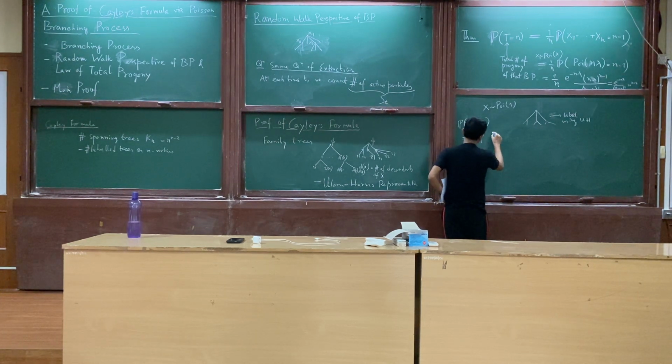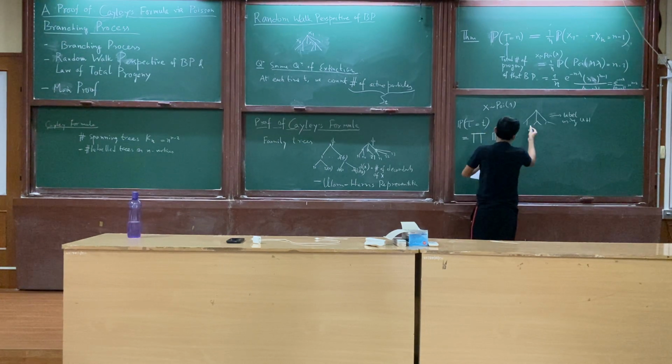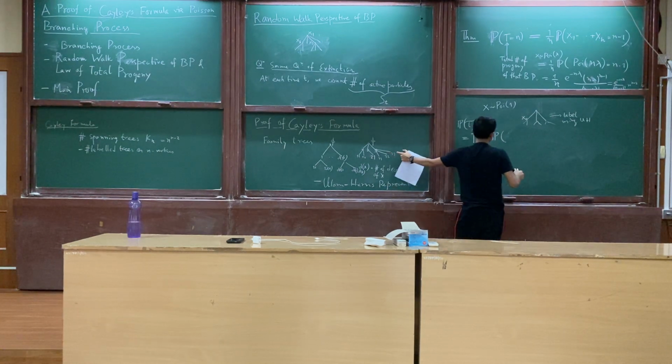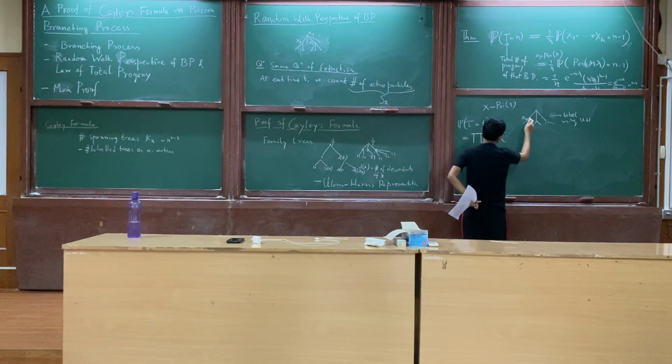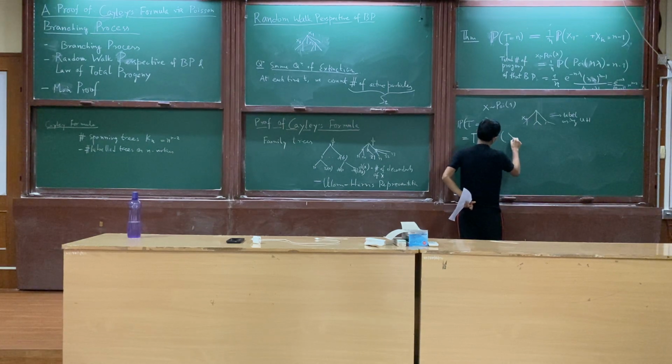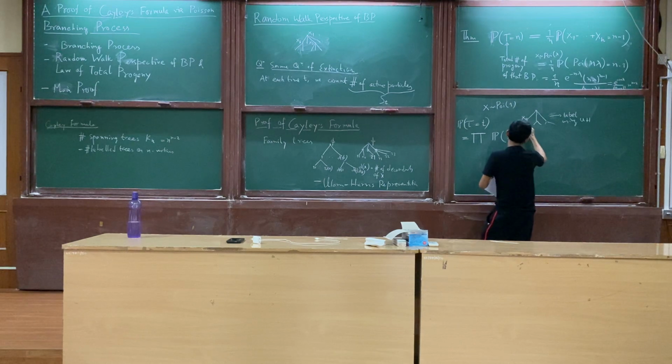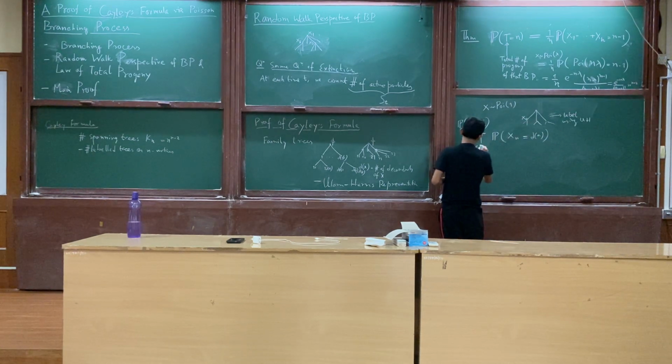The probability that at each particle, the number of children x_w, where w is the word of that vertex, equals d of w in that tree.